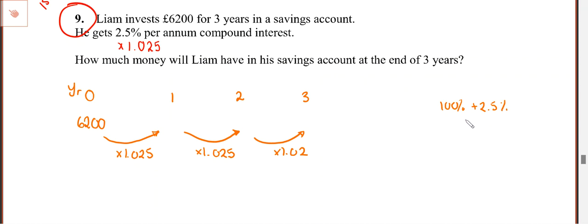So what does that become? 102.5%. How do we find 102.5%? Obviously, you multiply by 102.5 divided by 100. This is percentage, right? What's 102.5 divided by 100? 1.025.